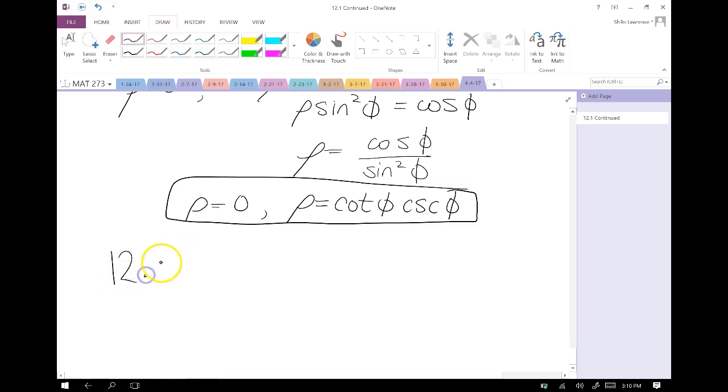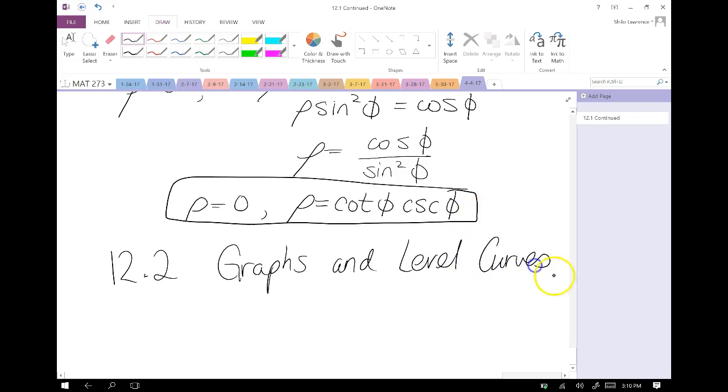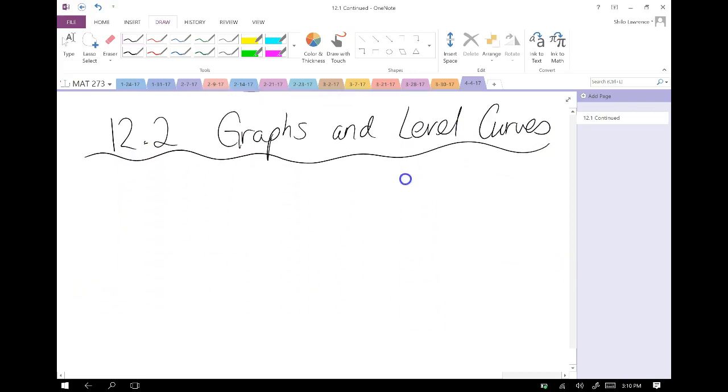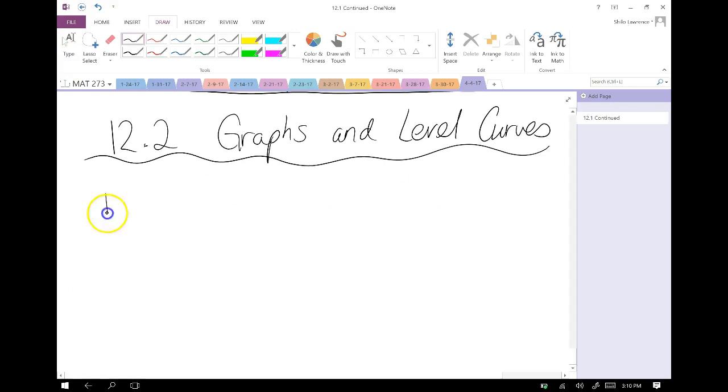So for 12.2, this is just in case anybody is stuck on the homework or wants to do a little bit more homework. For domain, we're going to use the same rules as algebra, where we can't ever divide by 0, and we can't take square roots of negatives. For logs, we can't do log of a negative or 0.